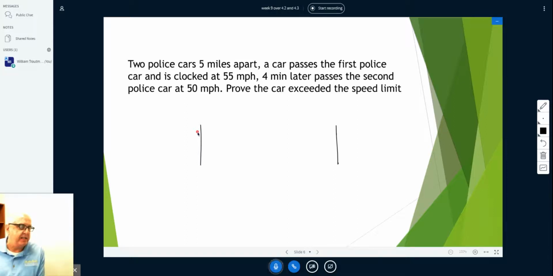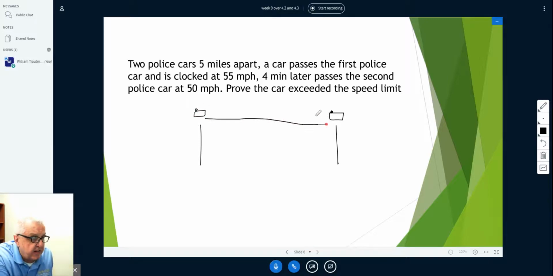If your average speed is higher than the speed limit, they'll give you a ticket. So this is very similar. Two police cars are 5 miles apart. Here's a police car, and here's a police car. They are 5 miles apart.